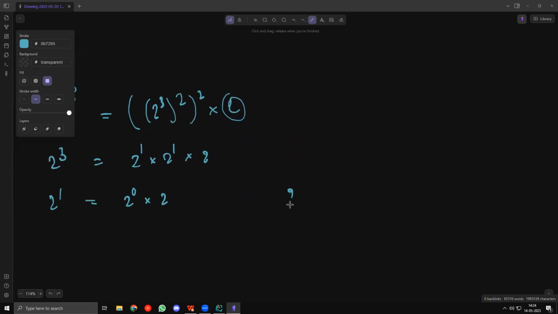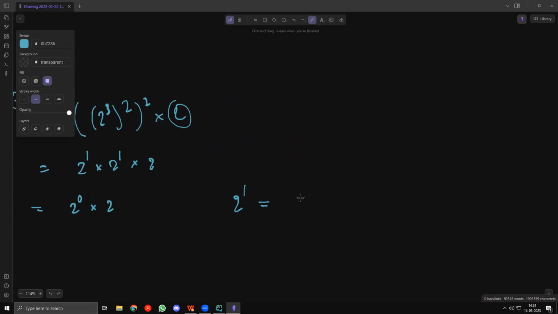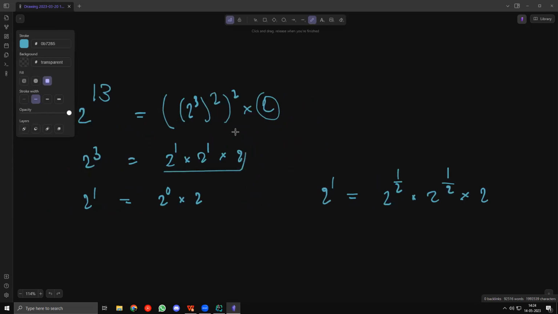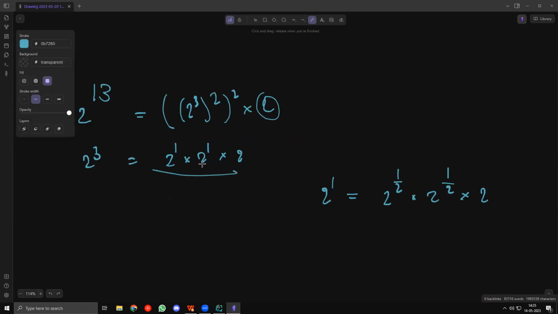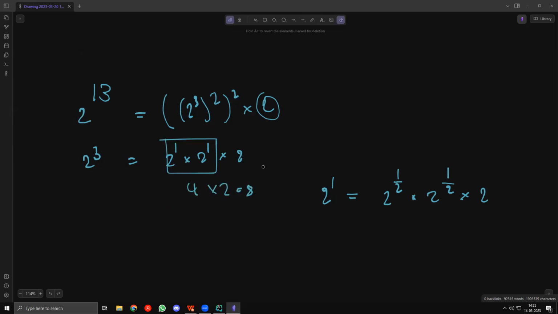So for 2 to the power of 1, we'll take 1 by 2, which should be equal to 0, times 2 to the power of 1 by 2, which should also be 0. And since 1 is odd, we'll take times 2, right? So basically we get 2 to the power of 1 into 2 to the power of 1 into 2. And well, we'll take this value. We'll say, okay, this part is 4 and 4 into 2 is equal to 8. So 2 to the power of 3 is equal to 8.